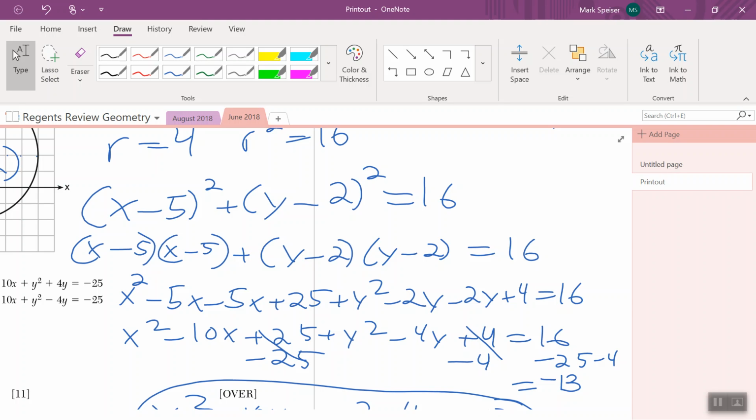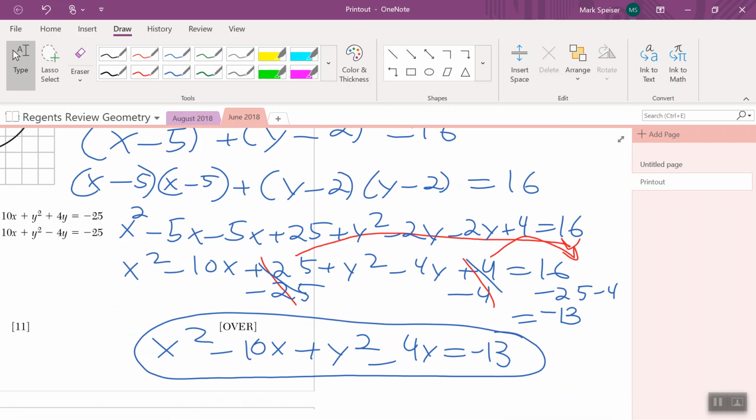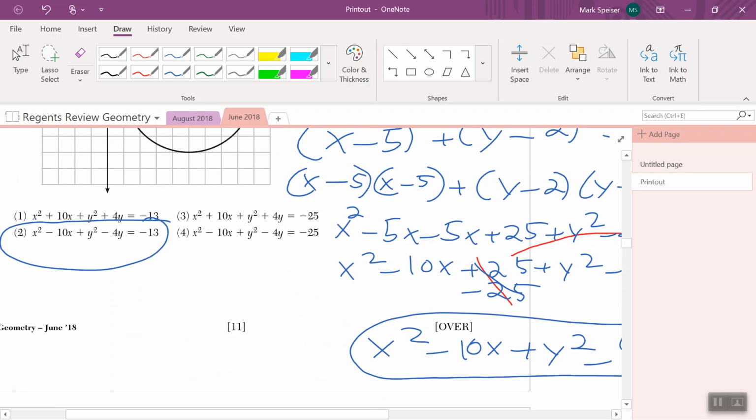Bring all the constant terms over to the other side of the equal sign, which is known as transposing. So you subtract 25 and 4 on both sides. 16 minus 25 minus 4 is negative 13. So you have x squared minus 10x plus y squared minus 4y equals negative 13, which is choice number 2.